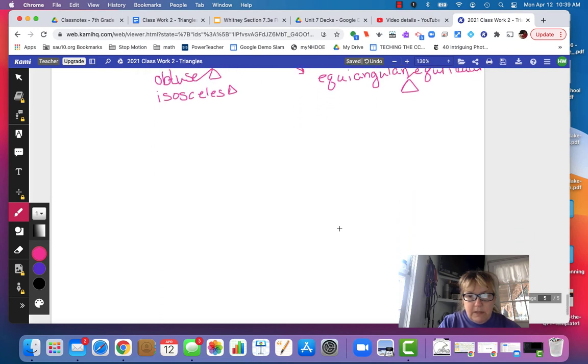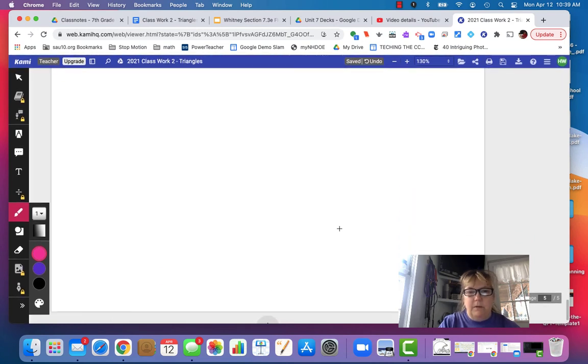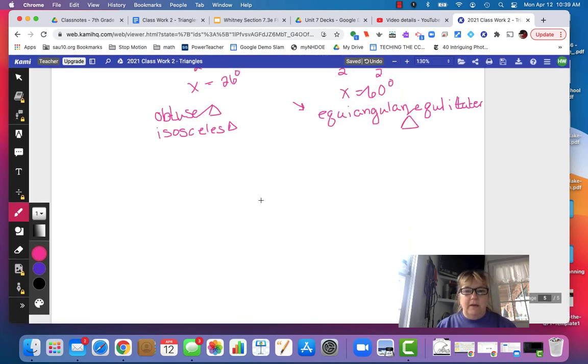I don't think we did this in the notes, but really quickly, because it will be on the homework: if I give you three angle measurements, say I have a triangle that has 120 degrees, 35, plus 25, is it a triangle?